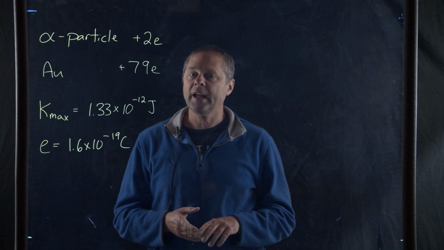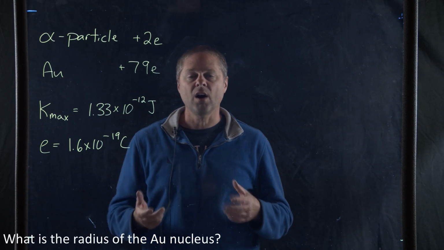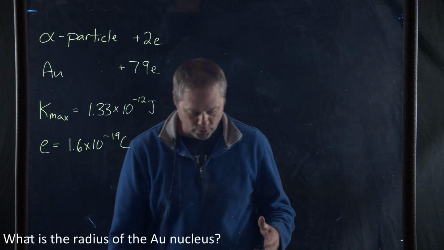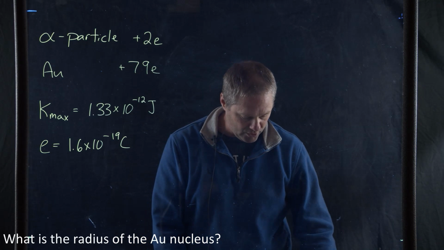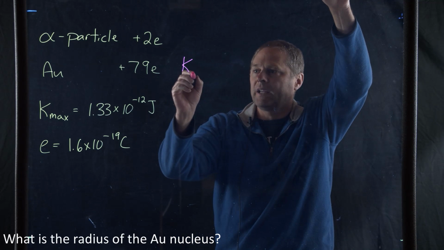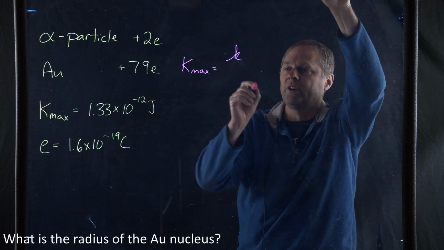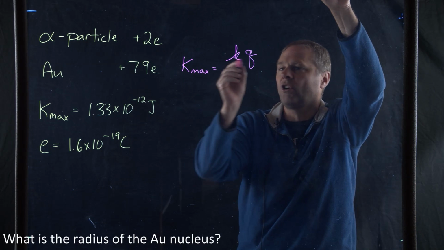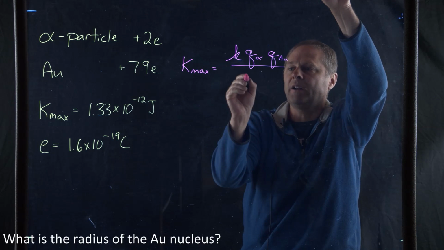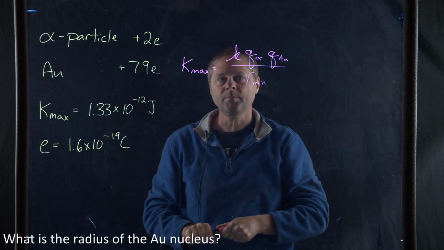What we're going to look at in this problem is we're going to try to determine the radius of the gold nucleus, and the equation we're going to be using is the kinetic max is equal to a proportionality constant times the charge of the alpha particle times the charge of the gold divided by the radius, or the minimum radius, of the gold particle.